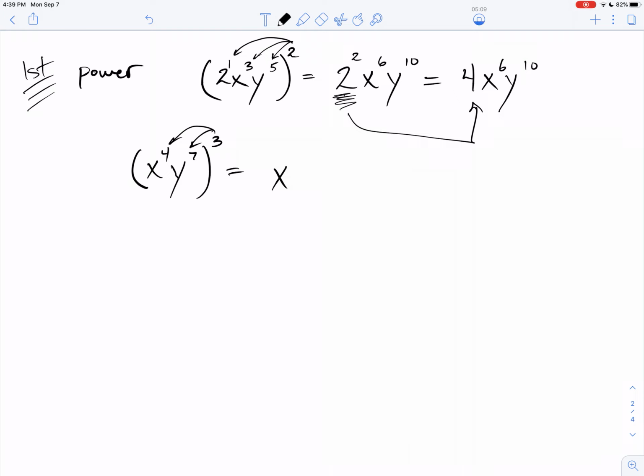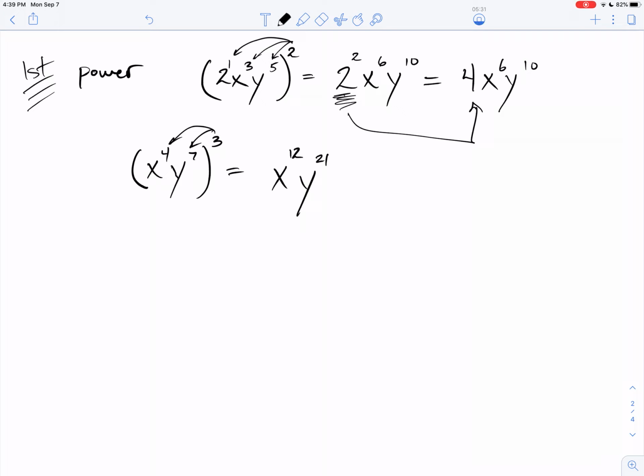That's not x to the 7th. That's x to the 12th. That's not y to the 7th, or sorry, y to the 10th. That's y to the 21st. When the power comes from the outside, when it's distributed on the parentheses, it multiplies. That is the power rule.